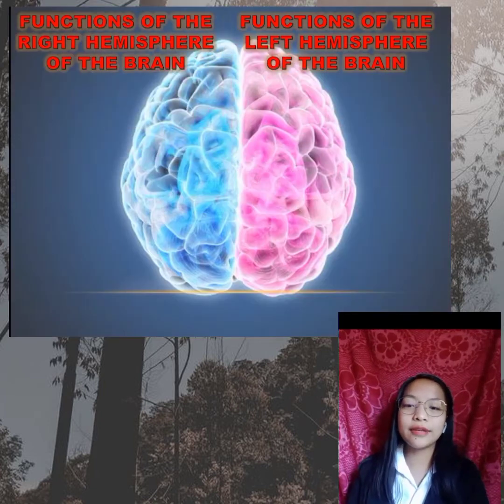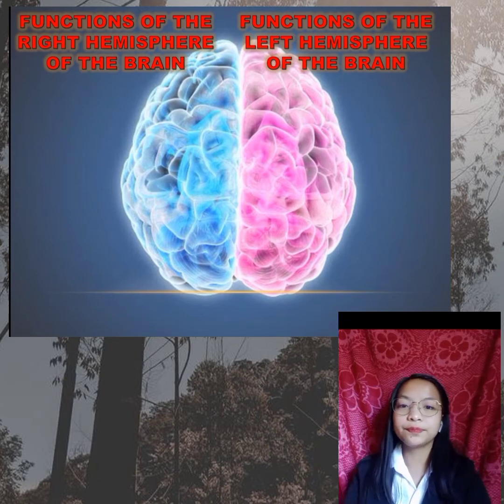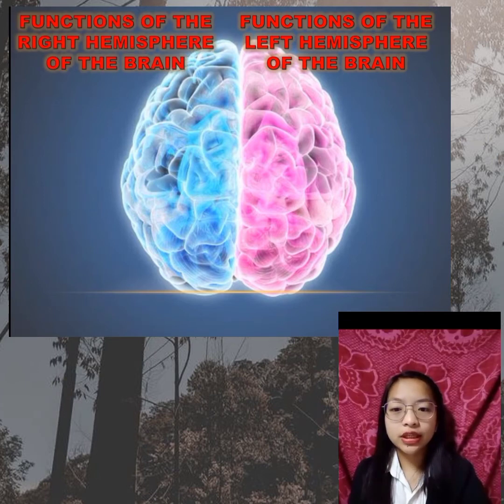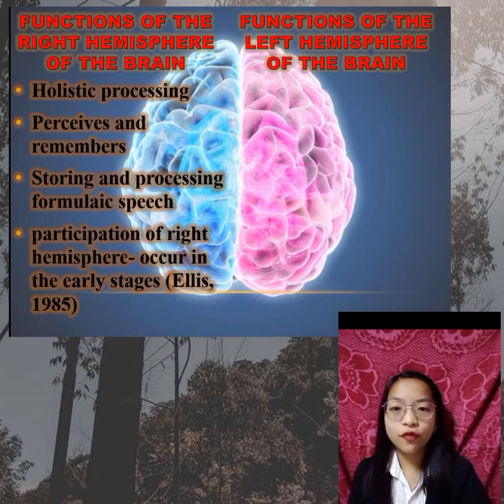So what are the different functions of the right and left hemisphere of the brain? In neurofunctional theory, the right hemisphere of the brain is for holistic processing. It perceives and remembers. Holistic processing is the reason why we can recognize faces and objects by their features. It also stores and processes formulaic speech and its constituents, namely routines and patterns.